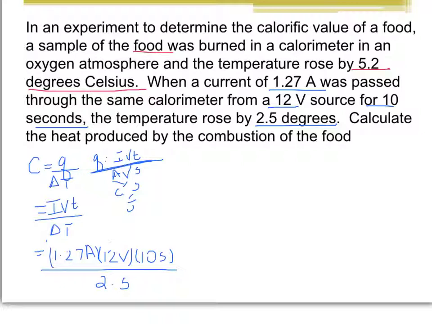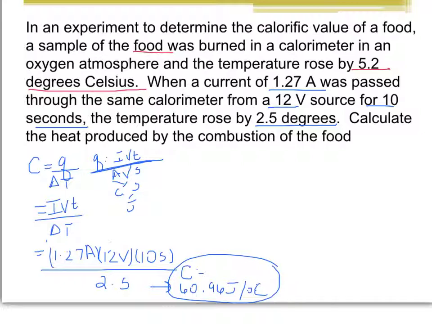And so 1.27 times 12 times 10 divided by 2.5 gives us 60.96 joules per degree Celsius. So that is our heat capacity of the calorimeter, C-cal, whatever you want to call it.